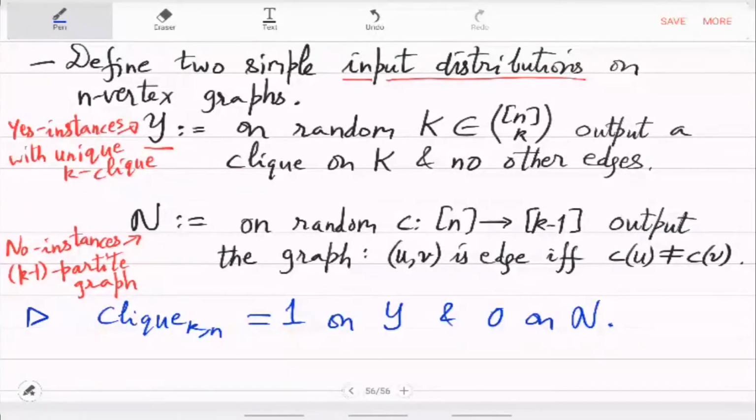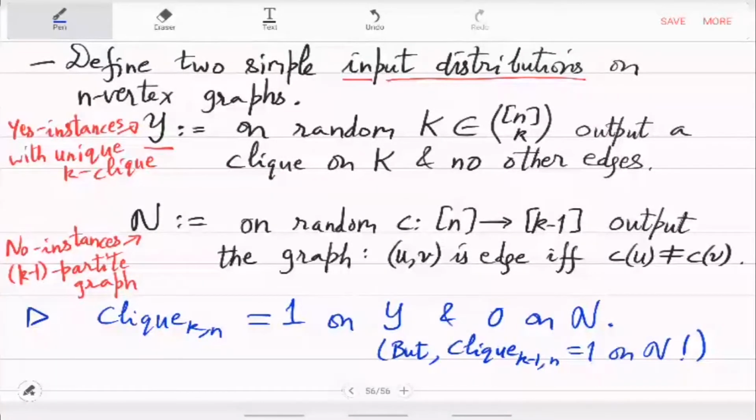Right, on the yes instances there is always a k clique. On the no instances there is never a k clique, but there are k minus 1 cliques. So these are your yes and no instances.